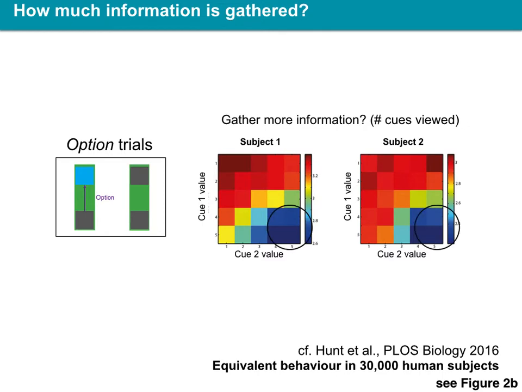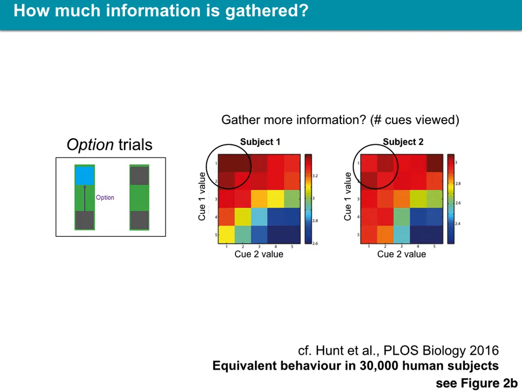So down here you can see a behaviour which seems to make sense. So when both cues are good, subjects don't need to gather more information. They already know that the side that they've looked at is the best possible option. It contains the best possible probability, the best possible magnitude, so they can go ahead and choose it.